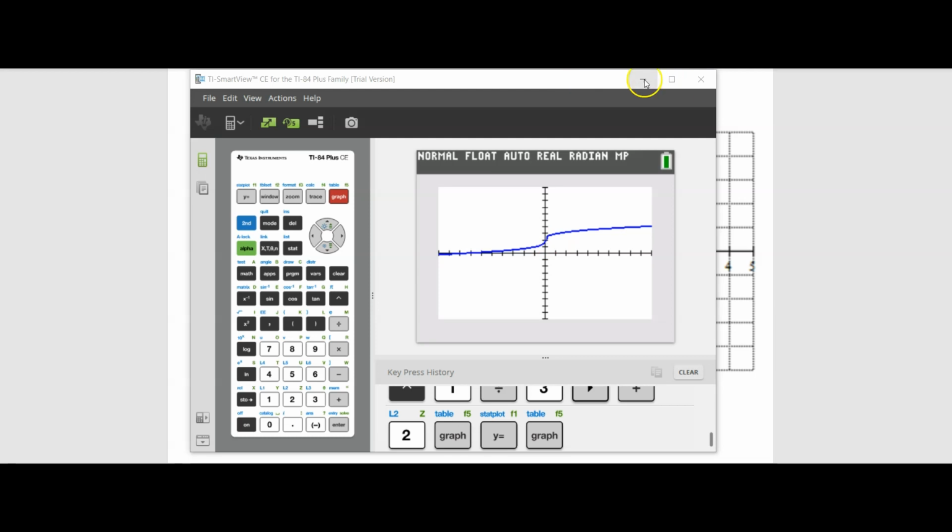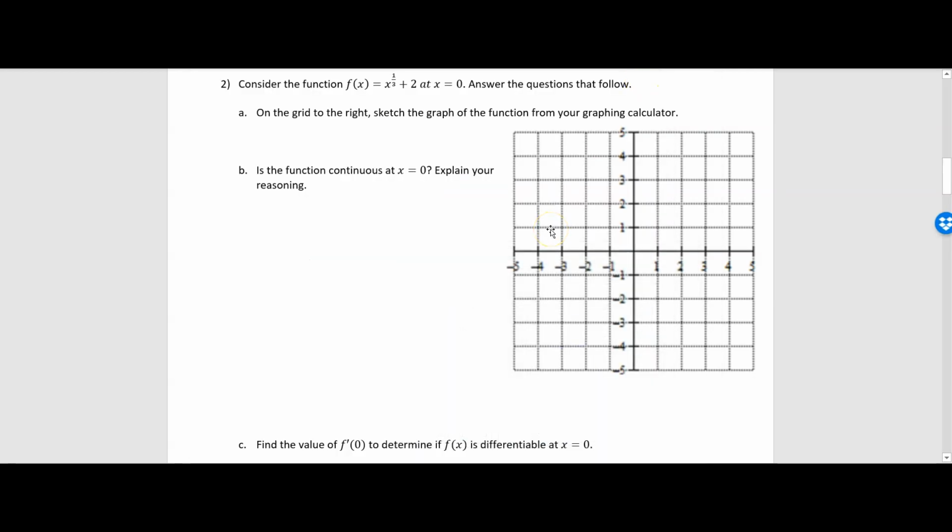So when we draw it over here, we're going to get something that is a vertical tangent. Again, we'll do a little bit better job than that, but it's not as important how you draw it as long as you understand that there's a vertical tangent there.